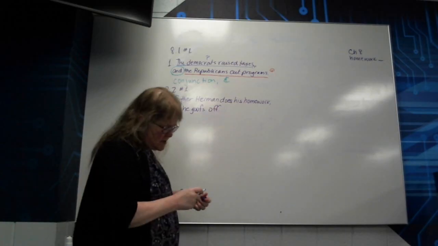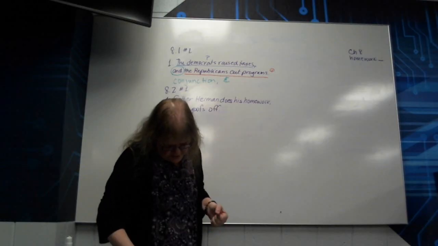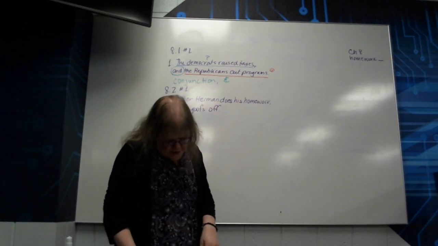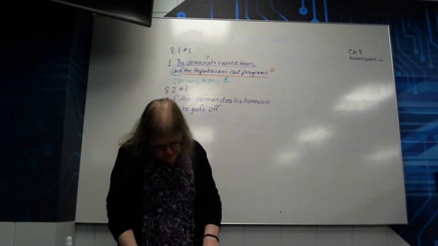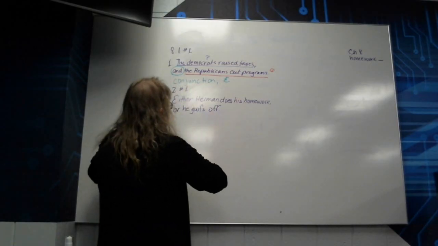Okay, so I'm supposed to use P and Q, which is good because I like P and Q. Either Herman does his homework or he goofs off. Okay, so I don't see any no's or nots.